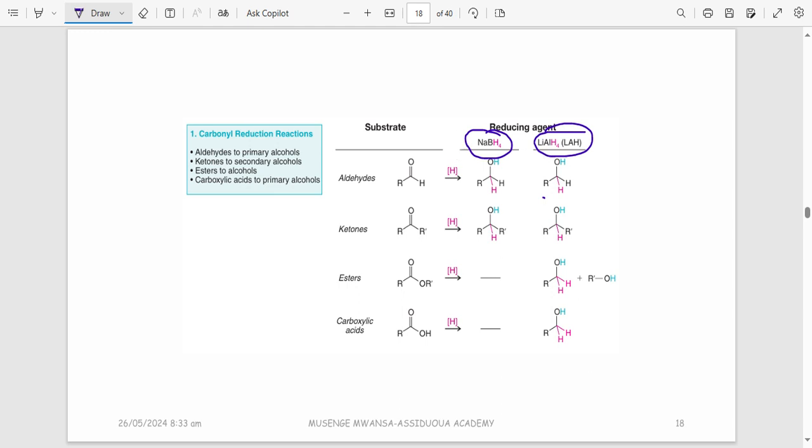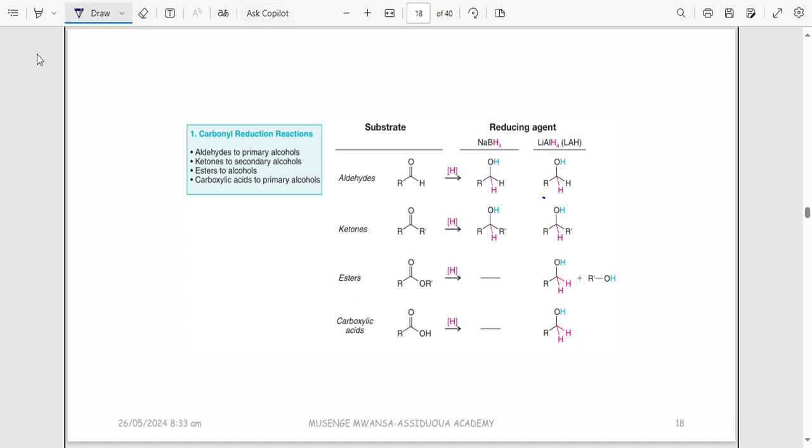This can be used to reduce our carbonyl groups and convert them into alcohols. We had also mentioned, if you just follow the video on alcohols, that lithium aluminum hydride is a much stronger reducing agent than sodium borohydride.